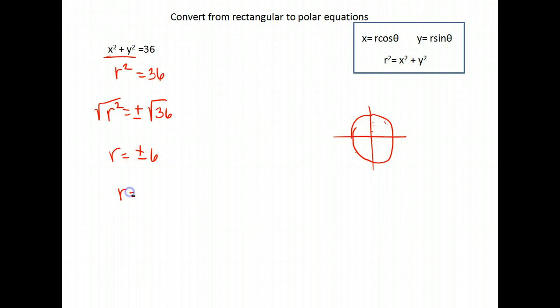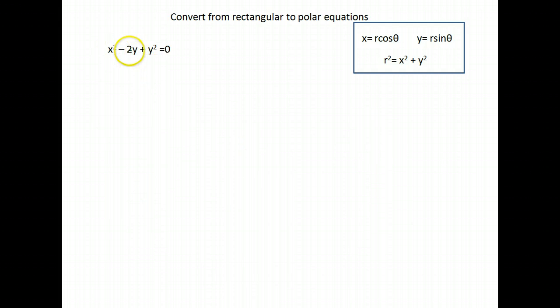So we can write this as just r equals 6, because remember when you get an angle, the positive and negative just takes you the other direction, but when you do the angles all the way around the circle, you end up getting the entire circle anyhow.